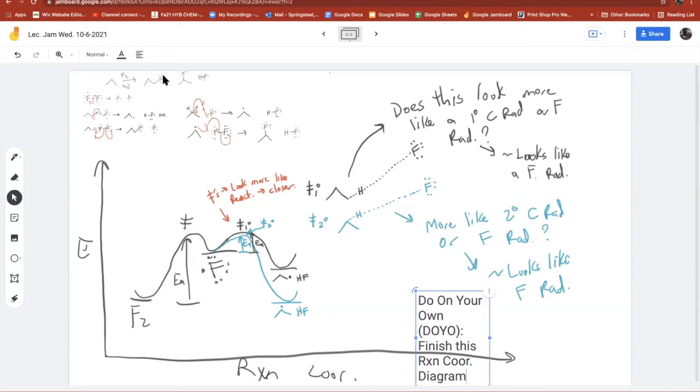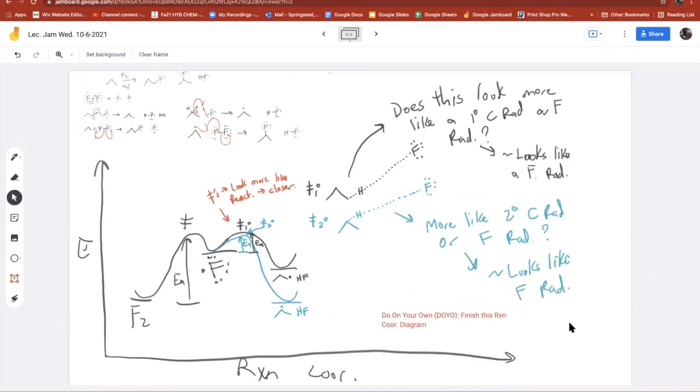This is the reaction coordinate diagram. So try to finish this off. Oh, and then the last step is propagation step two, which is exo, and overall the reaction is exo.